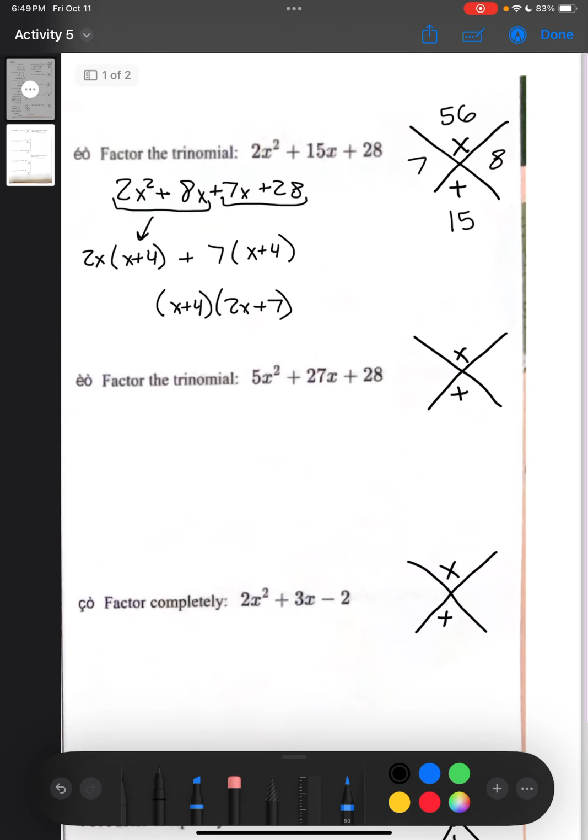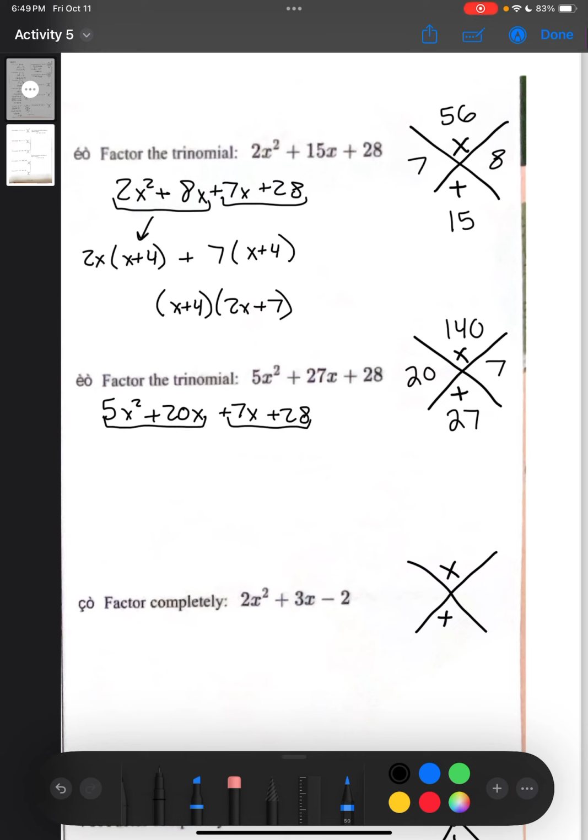Okay, on the next one, we are trying to get two numbers that multiply to 140 and add to 27, and through some guess and check, you'll get to 20 and 7. Through that, you will split up that middle number, so 5x squared plus 20x plus 7x plus 28.